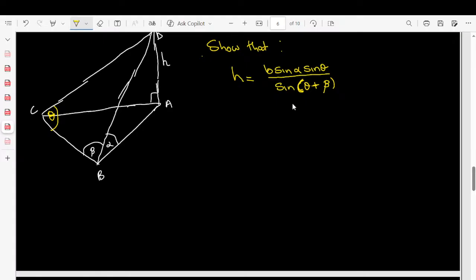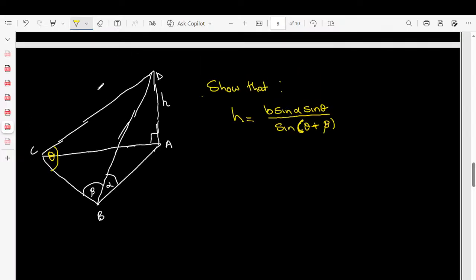I need to know what h equals. So in which triangle is h? The h is this line here. You see, that is your h. So this h is a common line between two triangles.